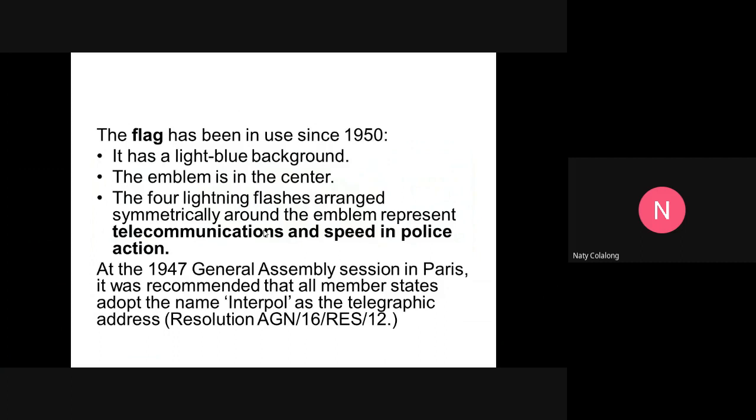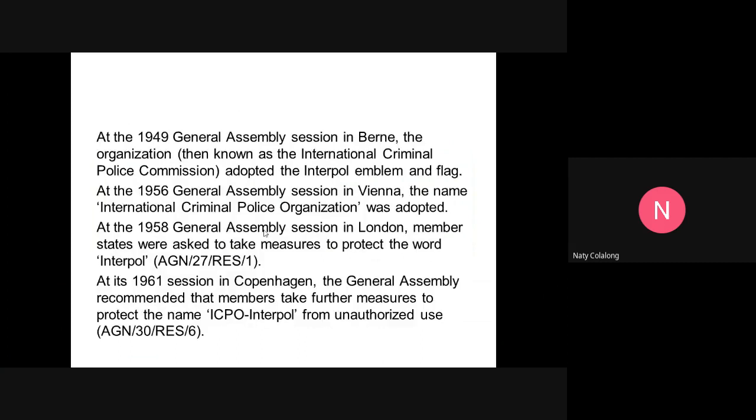At the 1947 General Assembly session in Paris, it was recommended that all member states adopt the name Interpol as the telegraphic address. At the 1949 General Assembly session in Bern, the organization, then known as the International Criminal Police Commission, adopted the Interpol emblem and flag.